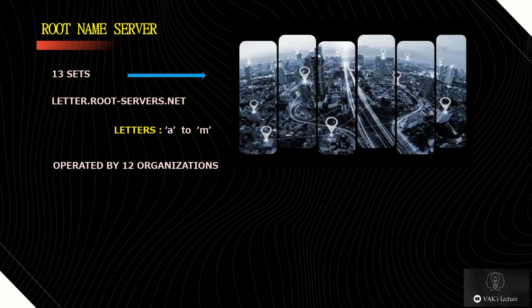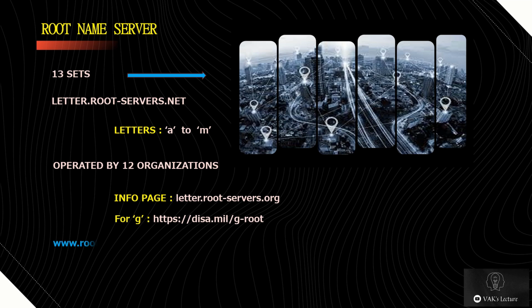Each set has a number of servers placed around the world, and an informational page exists for all root name servers at the address letter.rootservers.org, where letter ranges from A to M except G. For G, this is the home page address. Details of all root name servers can be found on the website www.rootservers.org.